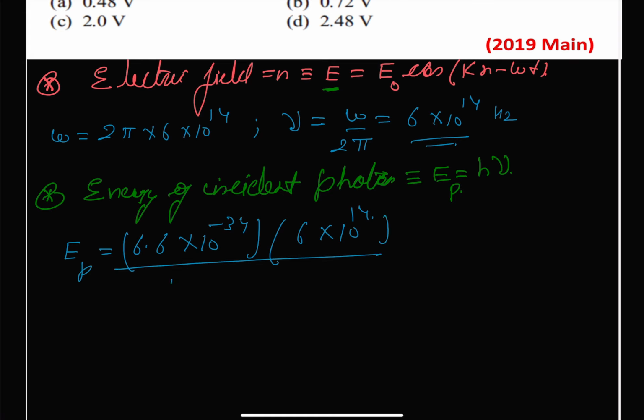We need to find V naught, so we can rearrange it. We get V naught equal to energy of photon minus phi, upon e.